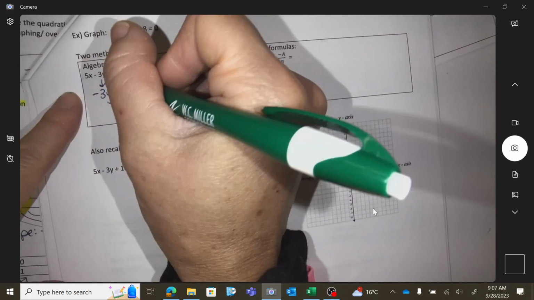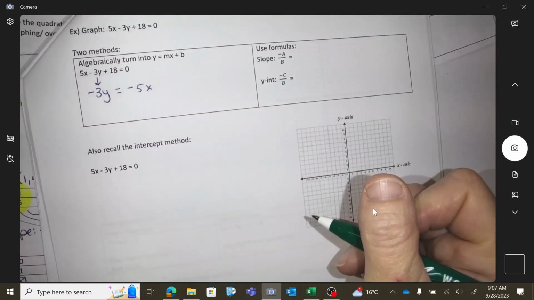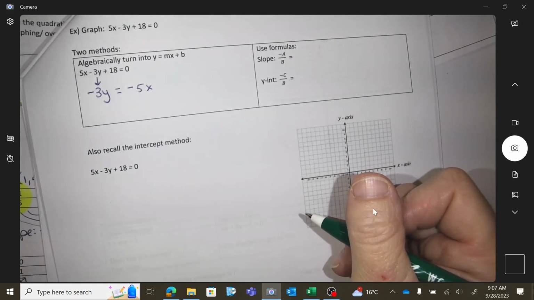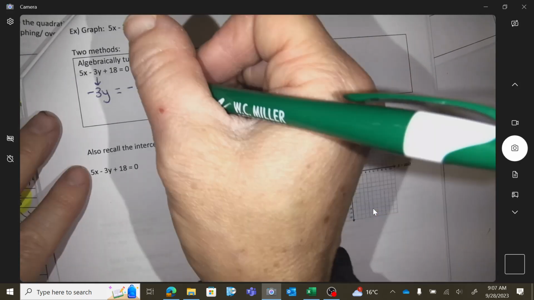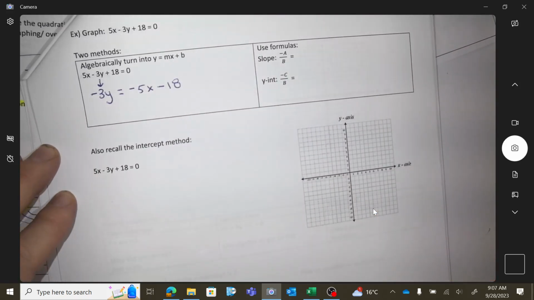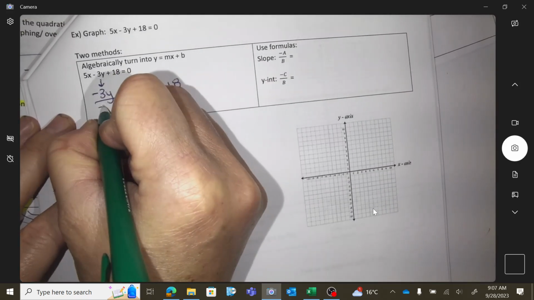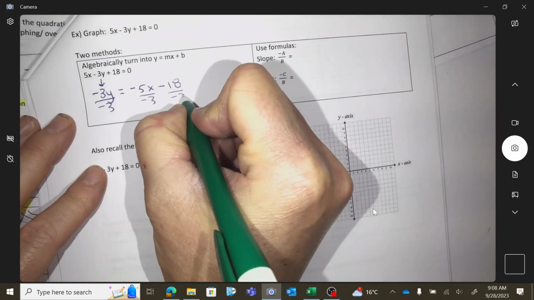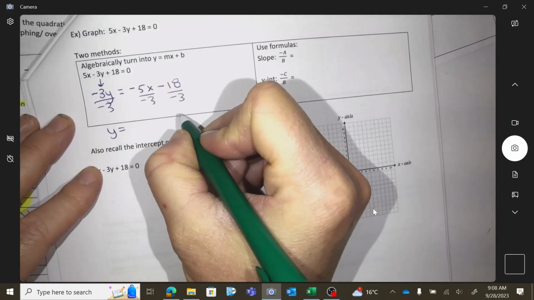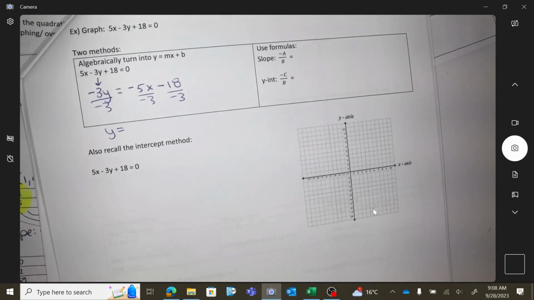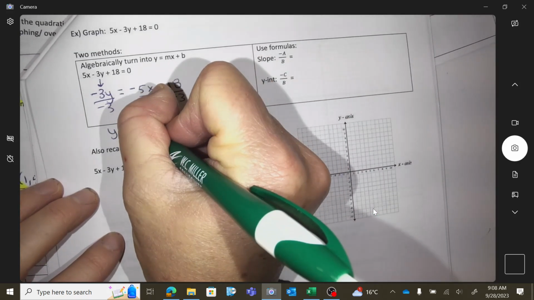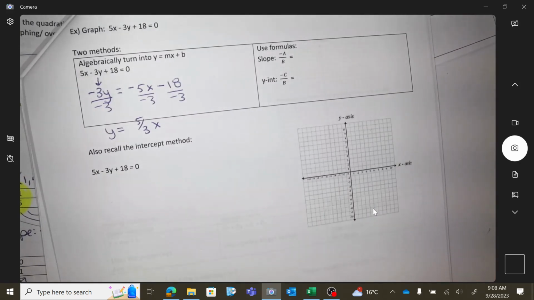Moving the x stuff would be a negative 5x, because it had to move. If I move the 18, it would change. And now I would divide, and I divide everything. Okay, what happens in math when you divide two negative numbers? Positive. So I'm just going to go positive 5/3.